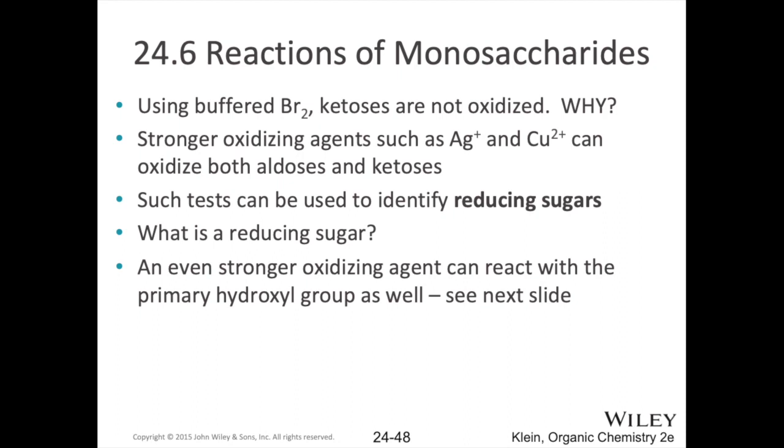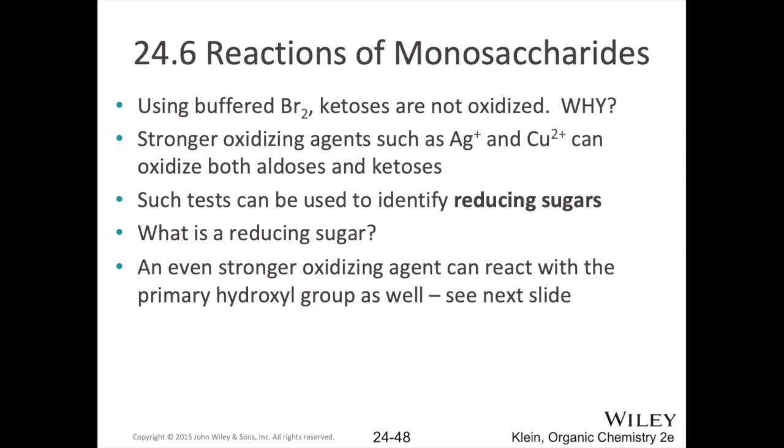This includes using certain metal ion agents such as silver ions or copper 2 ions, and those will oxidize both aldoses and ketoses. The way they oxidize ketoses is they tautomerize the ketone group into an aldehyde group, and then the aldehyde group can be oxidized.